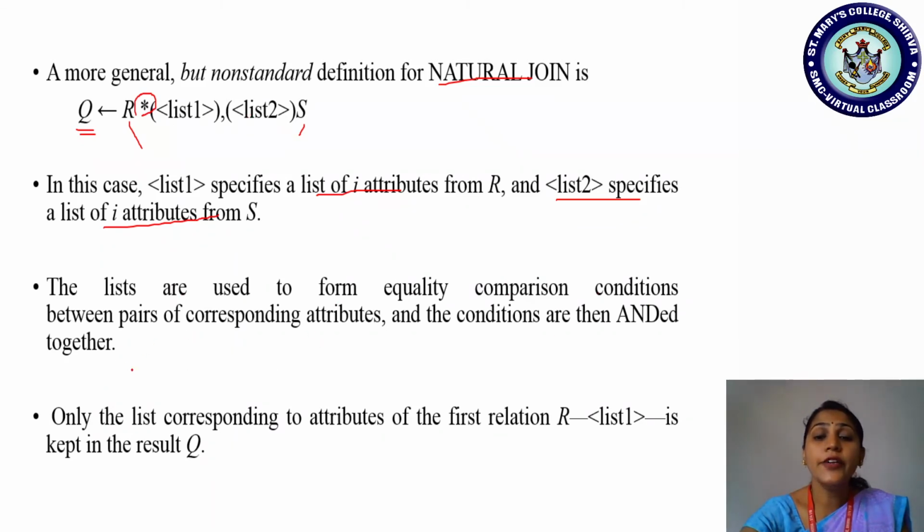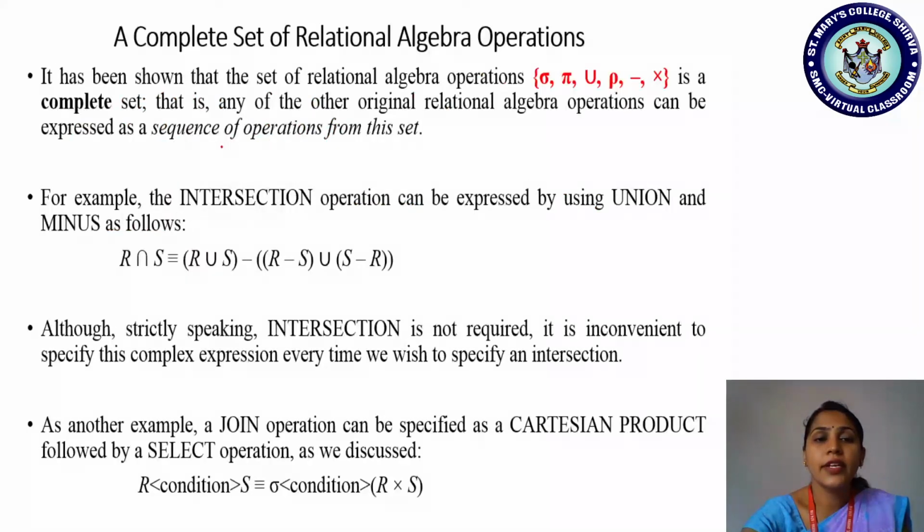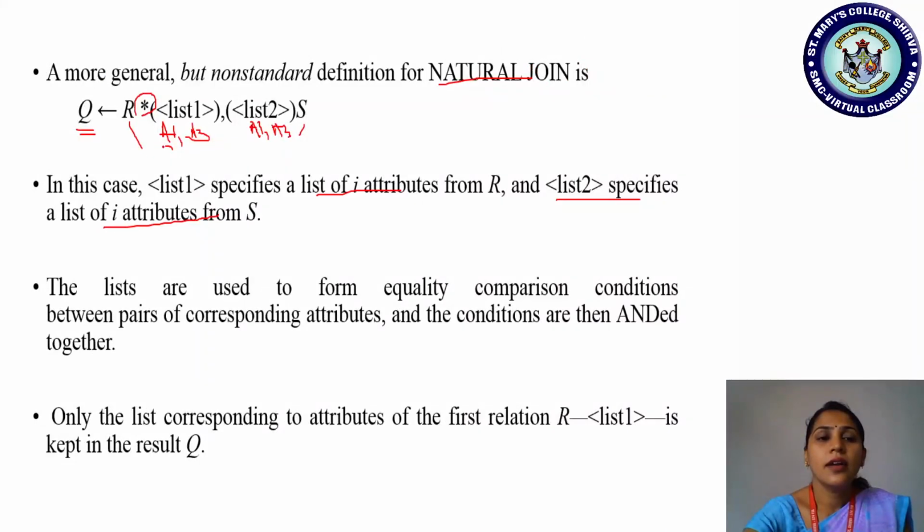So suppose here it is present as A1 comma A3, and here in list 2 also it has A1 comma A3, then it means it is going to apply the natural join for A1 and A1 here, A3 and A3 here.